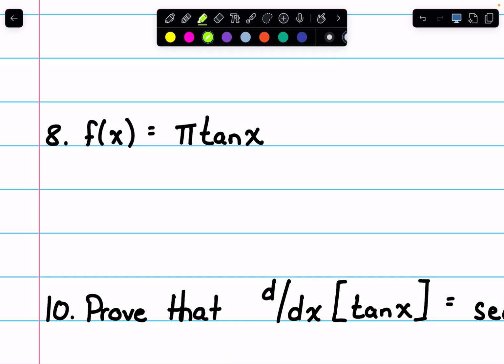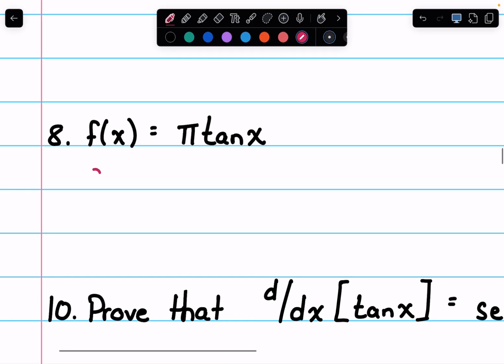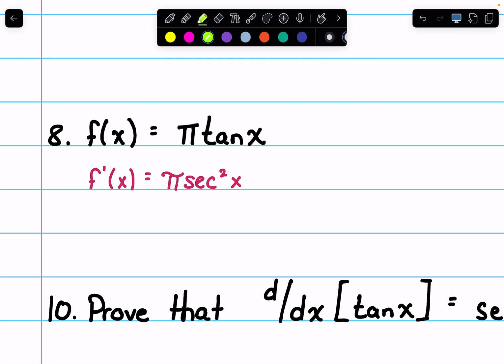All I have to do is take the derivative of tangent, which is secant squared, so I get pi secant squared x. That's what I have to do. Because pi is just a number. Okay?